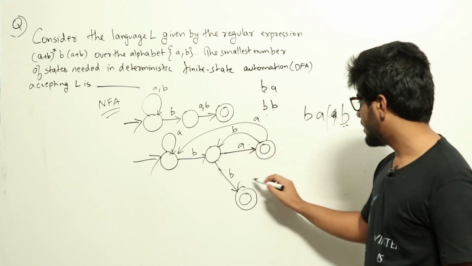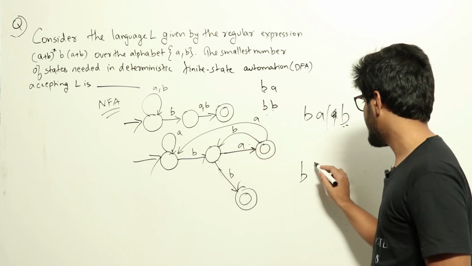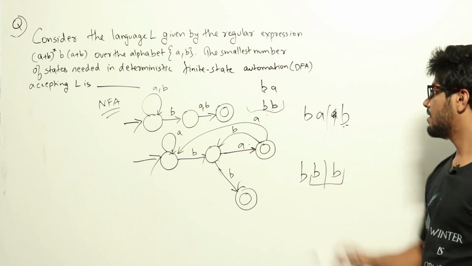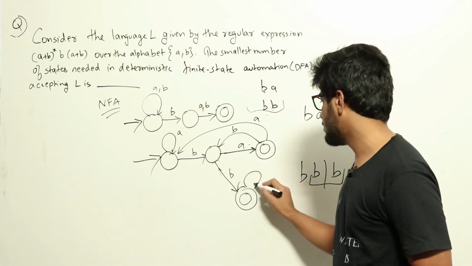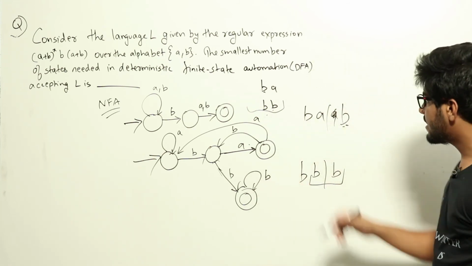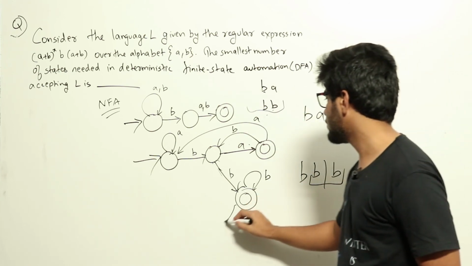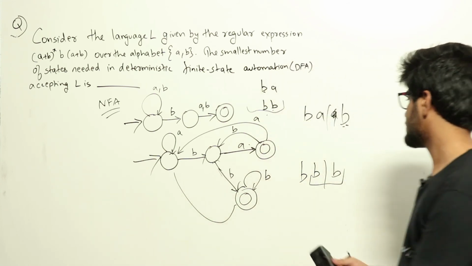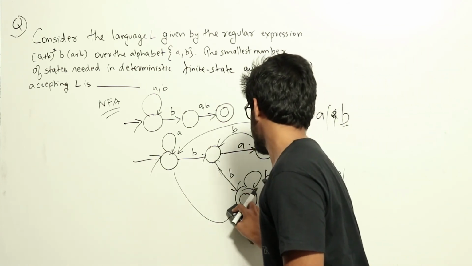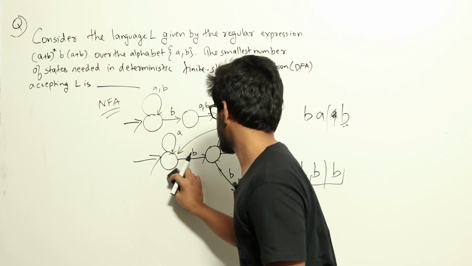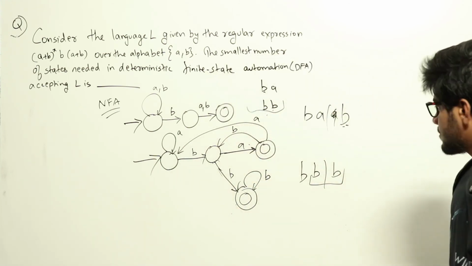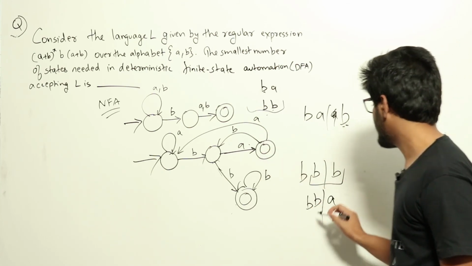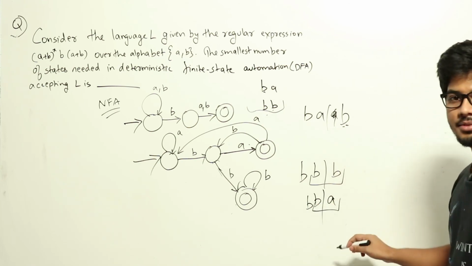For this state, we reach it from BB. If we see one more B, it's again BB, ending in an accepting configuration. So on B, I can go to the same accepting state. On seeing A, we have seen BB already, and now it is BA, which is again an accepting state.